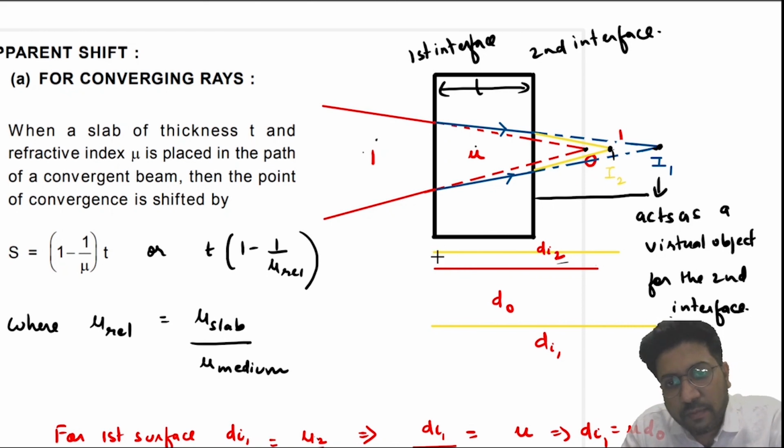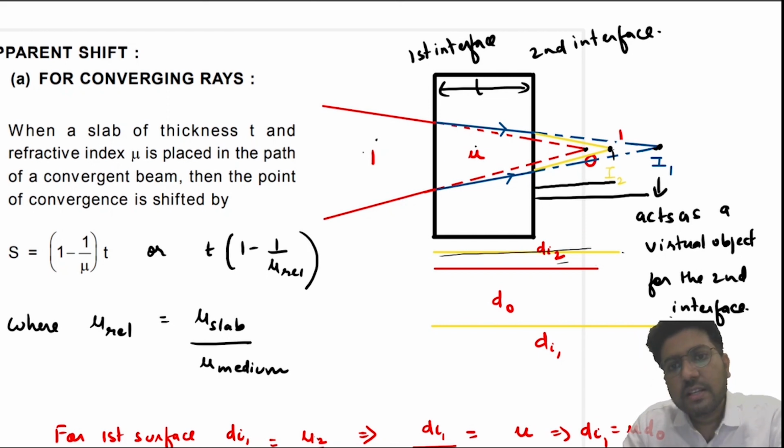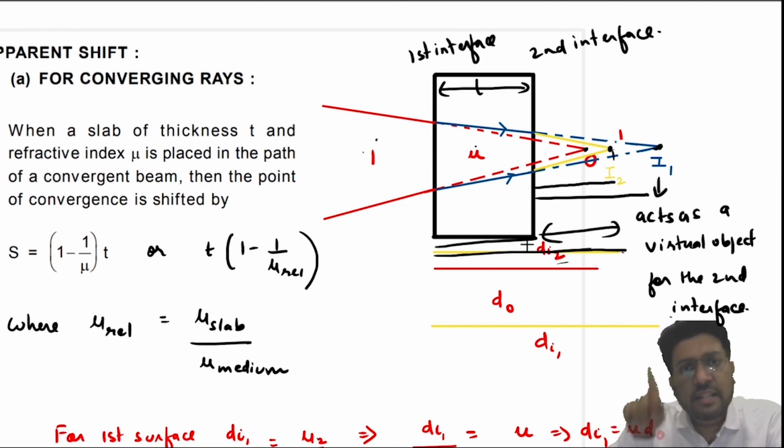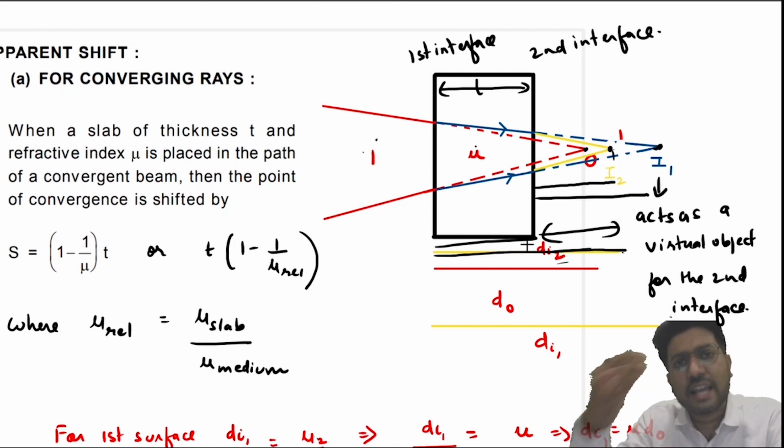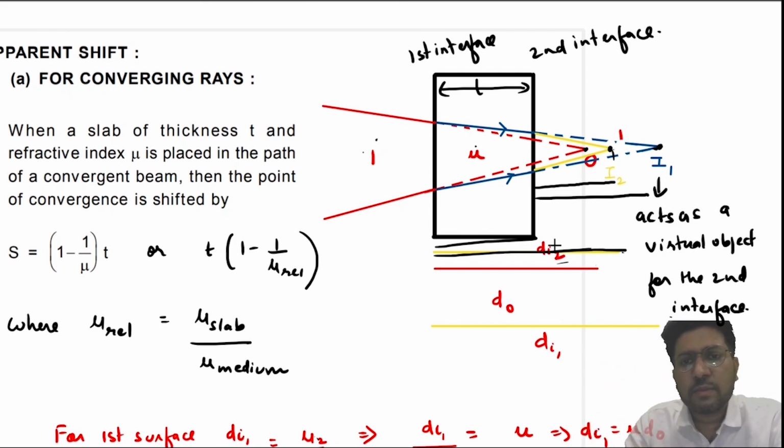This distance from the first interface is di2 and this thickness is T. That means the image distance is di2 minus T, because all distances are measured from the interface whenever you use the formula di by do is equal to mu2 by mu1.